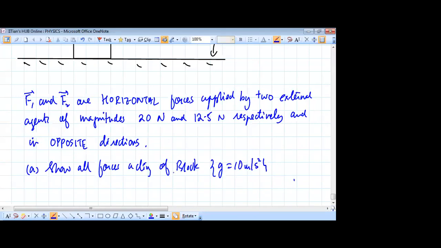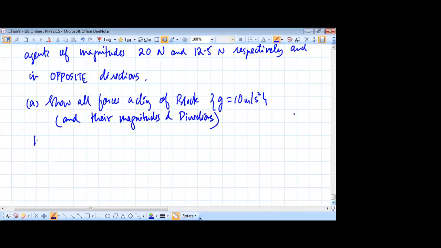So show all the forces acting on the block and their magnitudes and directions. And secondly, apply Newton's second law.